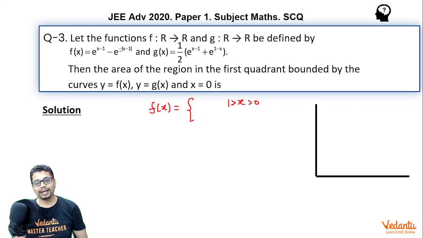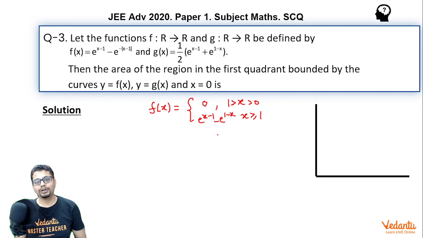So it becomes -(1-x), which is x-1. So e^(x-1) - e^(x-1) effectively becomes 0. Now what if x is greater than or equal to 1? f(x) becomes e^(x-1) - e^(-(x-1)), as the mod will open with a plus sign, and it becomes -(x-1), which is 1-x.